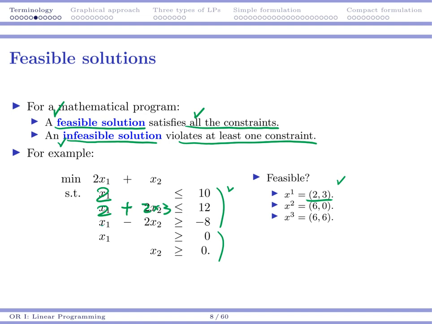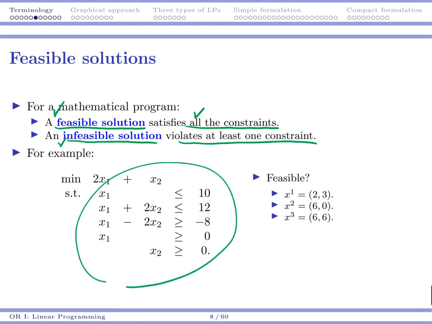For the last one, 2 minus 2 times 3 is, again, feasible. So basically, we can say that the solution x1 is a feasible solution, because if you plug in 2, 3 into this set of constraints, it satisfies everything.